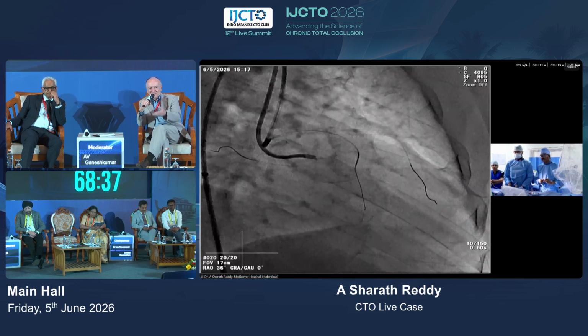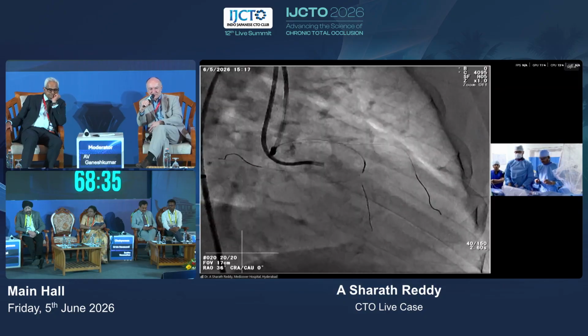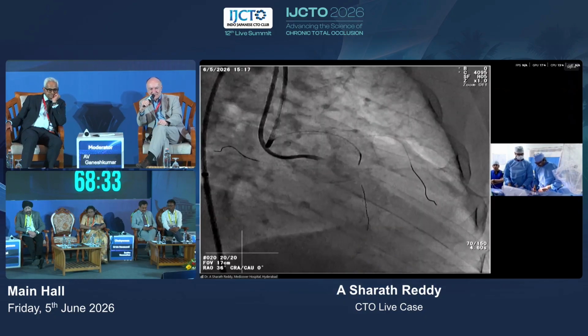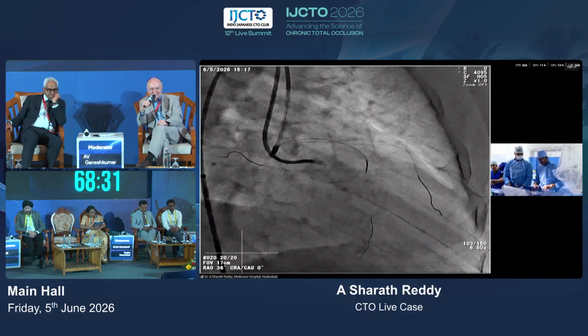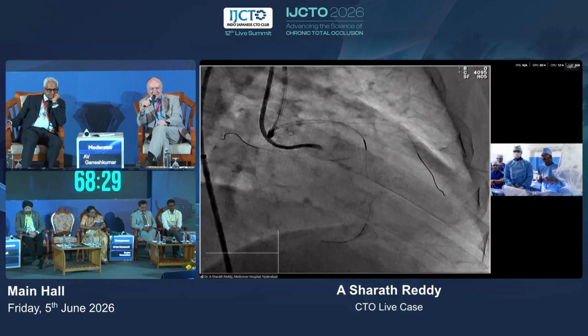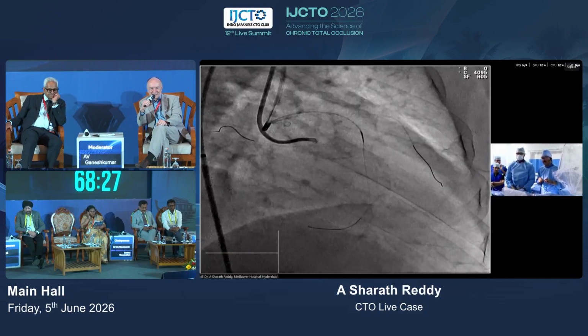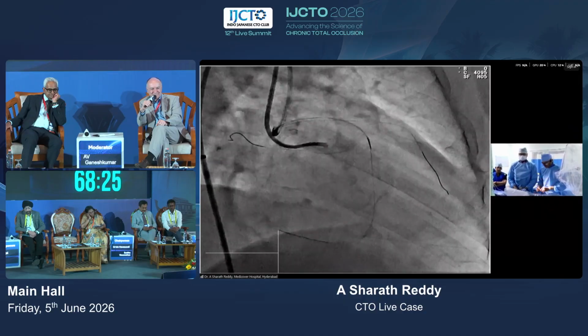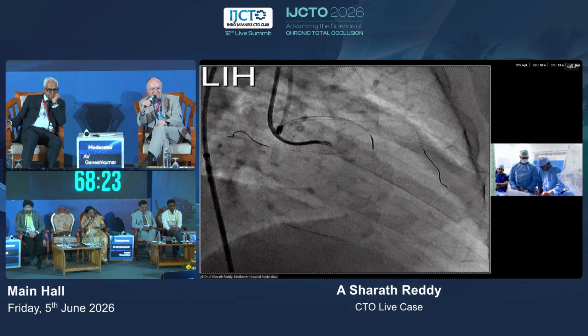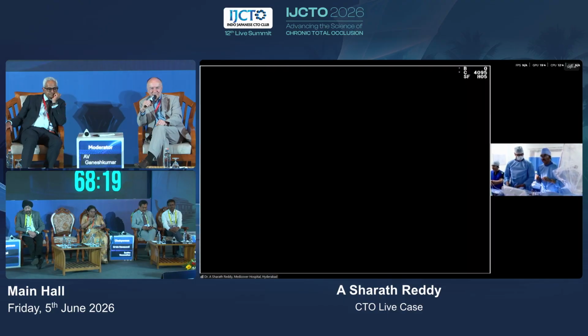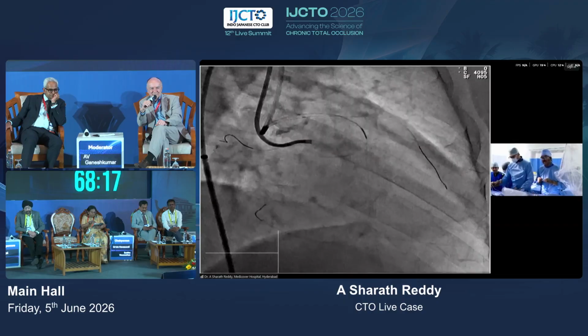I think it's important not to push it, wait for the systolic, diastolic relaxation, and then advance as far as possible. Give me another wire connector, please. Sorry, another torquer, please.